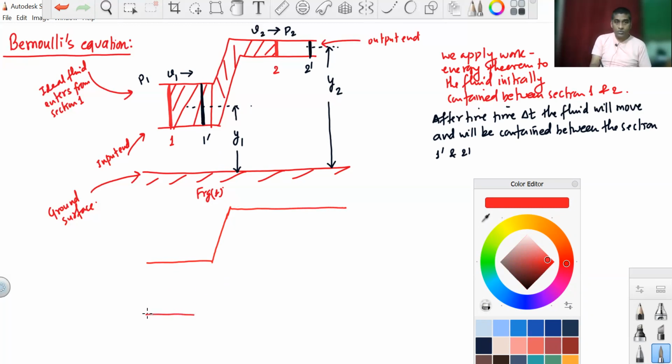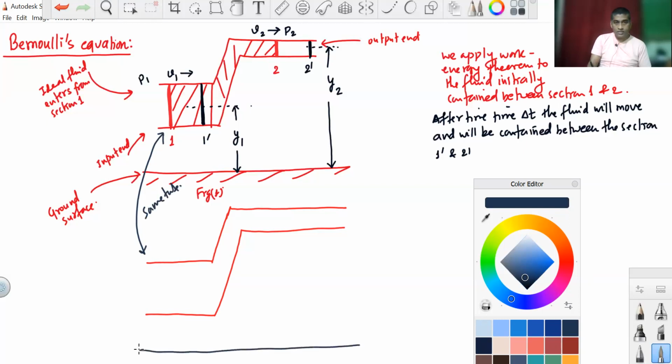So this is the same tube, and this is the ground surface. Now the fluid is contained between section 1 dash and 2 dash.